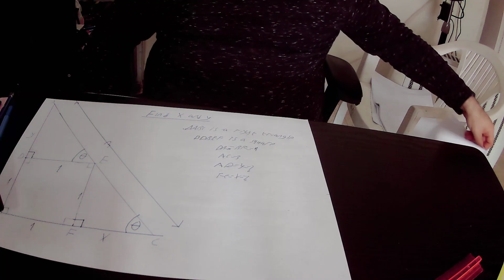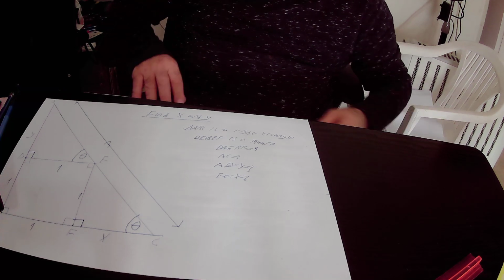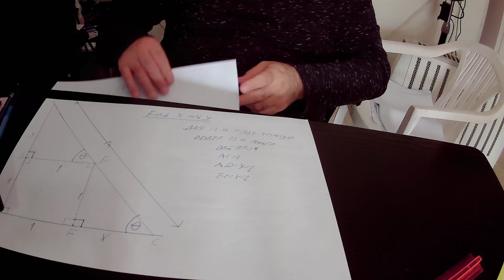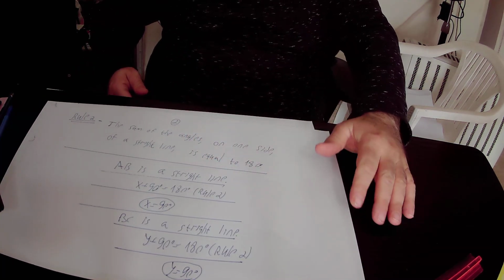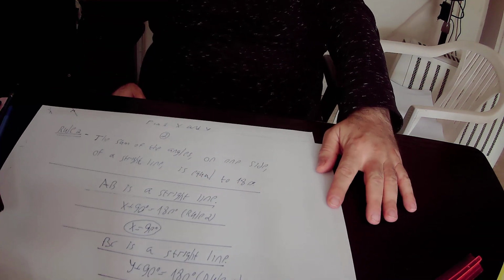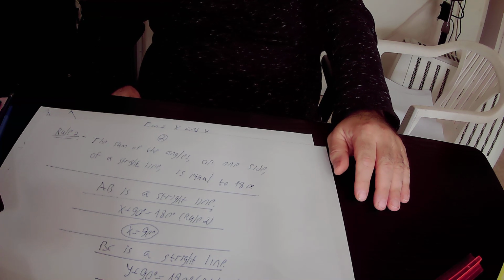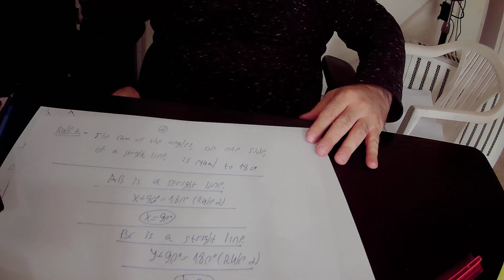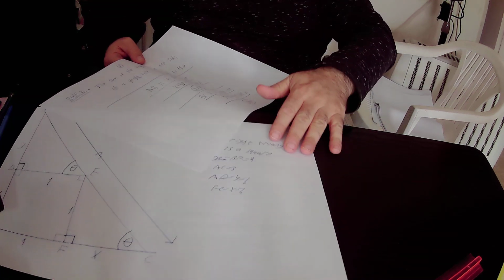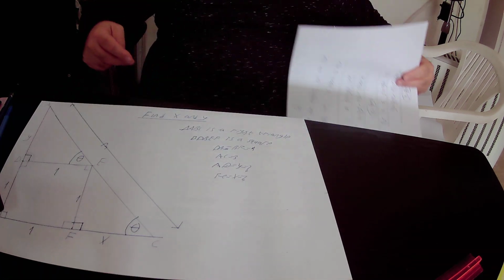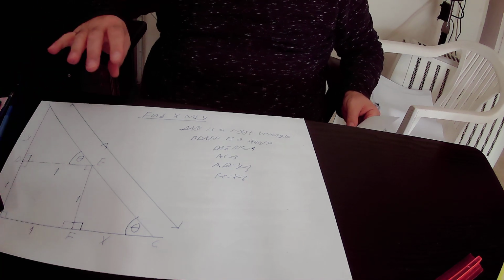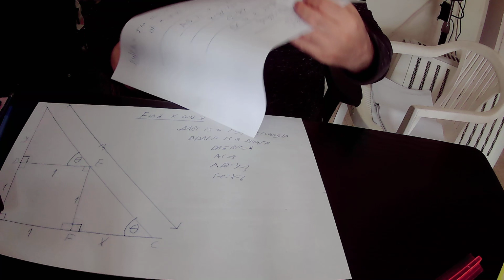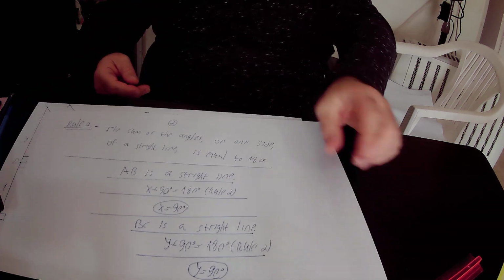Then I presented to you rule number 2. According to rule number 2, the sum of the angles on one side of a straight line is equal to 180 degrees. And here we know that AB is one side of the right triangle ABC, therefore it is absolutely a straight line.